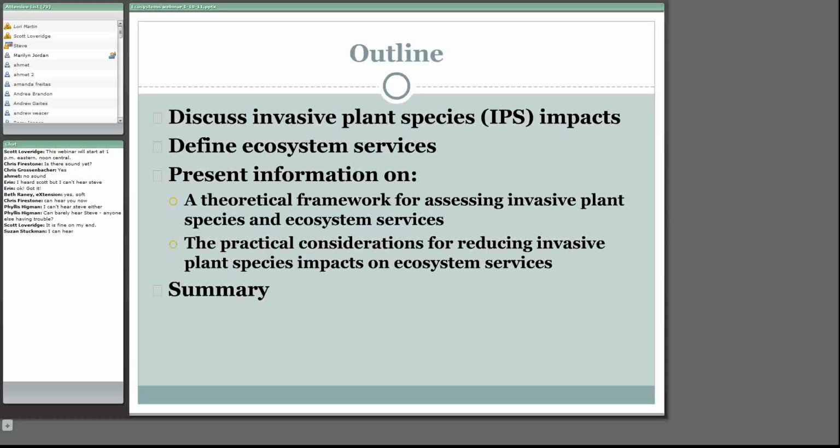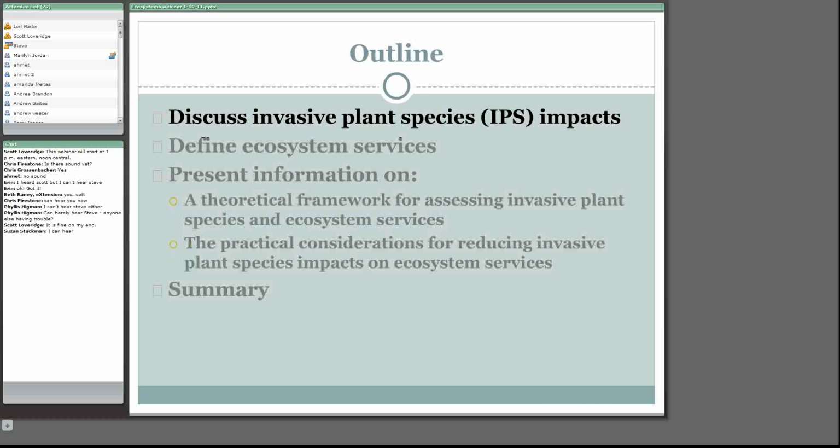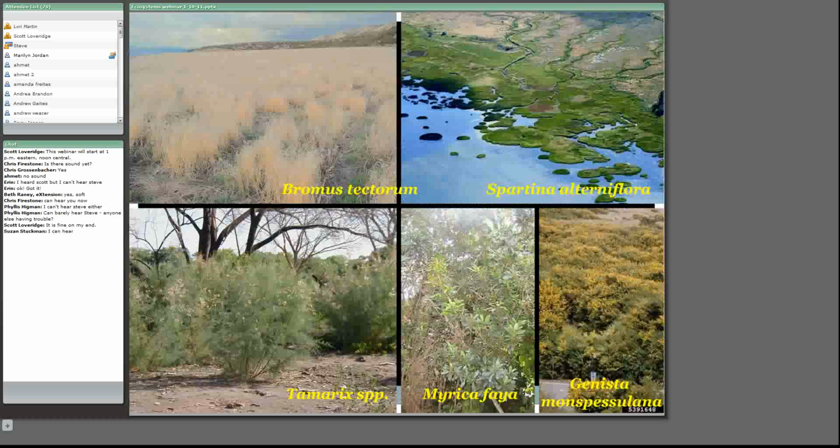Invasive plant species. We know or are aware of invasive plants. They're increasing in importance in many ecosystems. As you can see from this picture, several different locations or regions, arid regions, wetlands, forest, shrublands, riparian areas, are not immune from invasive plants.